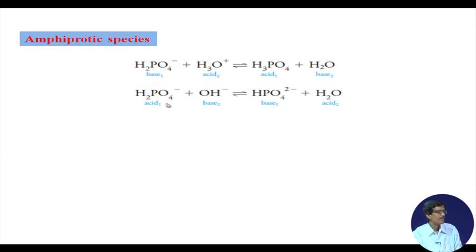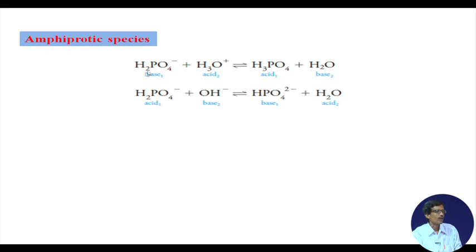So, if this is reacting with the base, it is giving rise to something else. So, what is this? We are looking at the species H2PO4 minus. It can react with something as it is reacting with the hydronium ion. There it is functioning as a base like that of our water molecule itself, and in the other case when you have the base as the hydroxide ion, the hydroxide ion is a strong base.